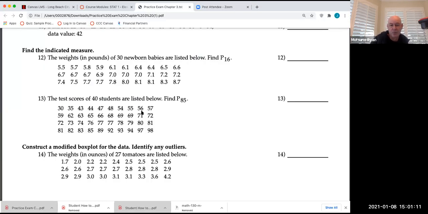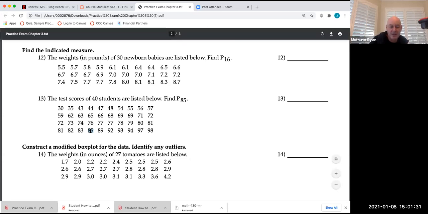So this first one here is 1 through 10, 11 through 20, 21 through 30, and 31 through 40. So this is 31 here, 32, 33, and 34th. Here's our 34th location, the 85. Now, by the way, this 85 has nothing to do with that 85, they just happen to be the same number in this case.